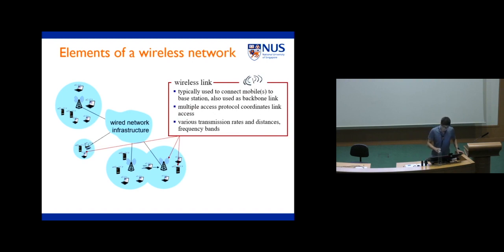And what we call these links between these base stations and all these wireless hosts is wireless links. As the name implies, they are used to link mobile devices or wireless hosts to the base stations.